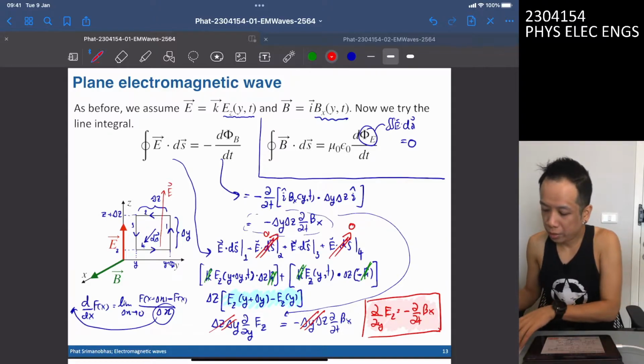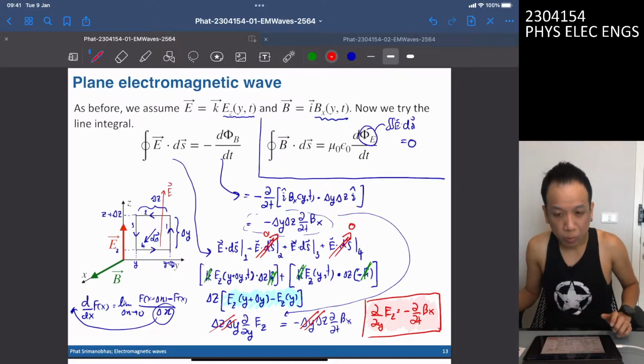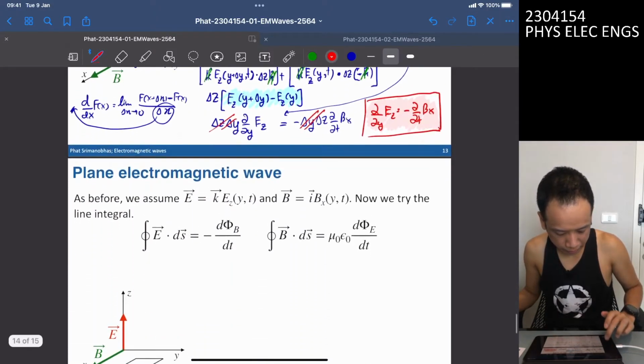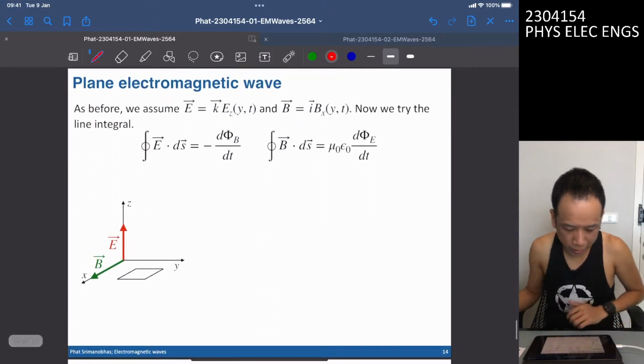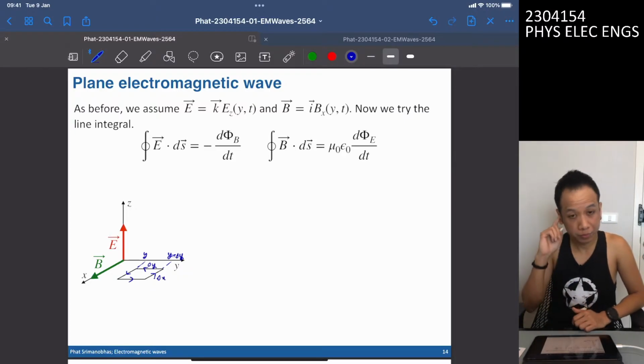Okay, so we can do exactly the same on the xy plane. So on the xy plane, we do the same. So we draw the loop. Okay, we consider that this is the position at y, this is the position at y plus delta y. Okay, and this is the size of delta x, and this is the size of delta y.